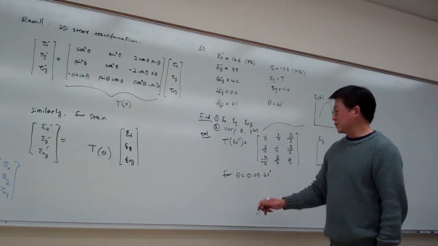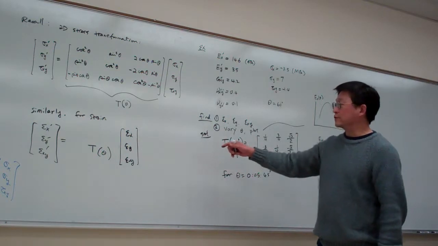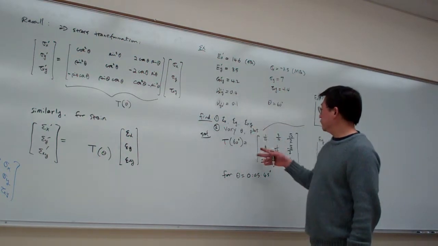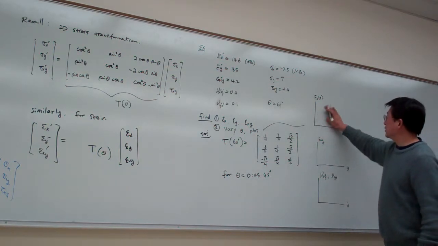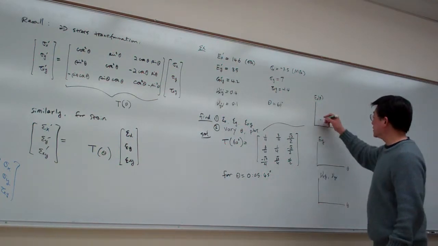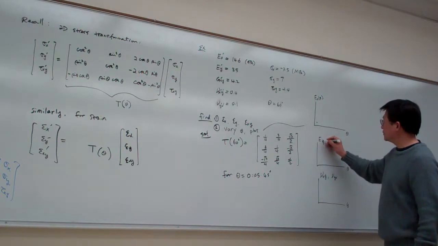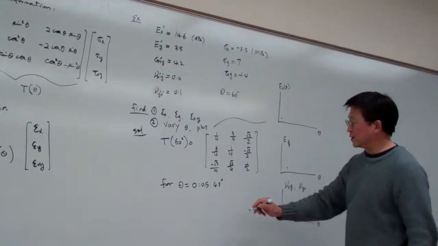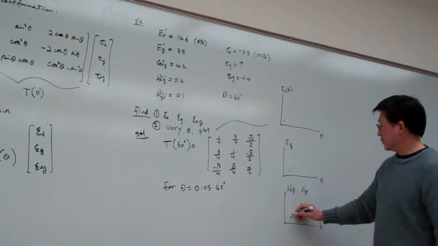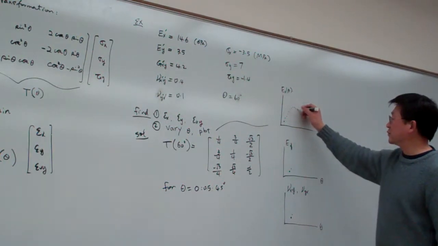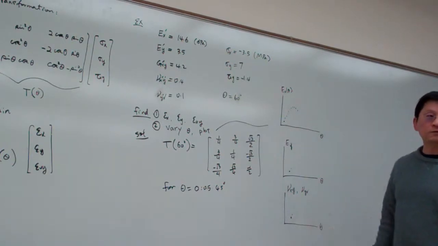You do the calculations, then you obtain the values for those components. Then you plot: when theta equals 0, you have a point here. When theta proceeds to 0.5 degrees, you have a point here, and so on. Once you have many points, you simply trace the curve.